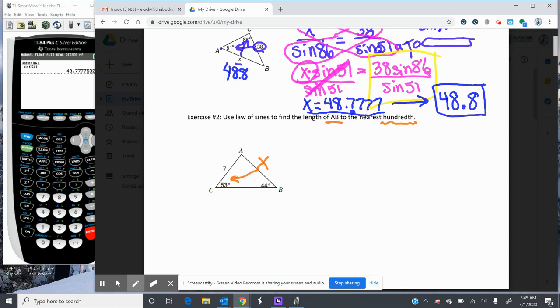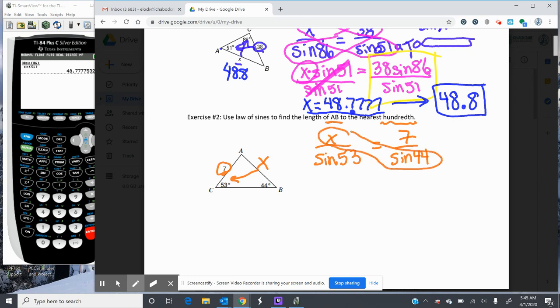Our law of sines says a side x over sine of its opposite angle, 53, equals a side over its opposite angle. So the other side they give us is that AC is 7. We're going to have 7 over sine of 40.